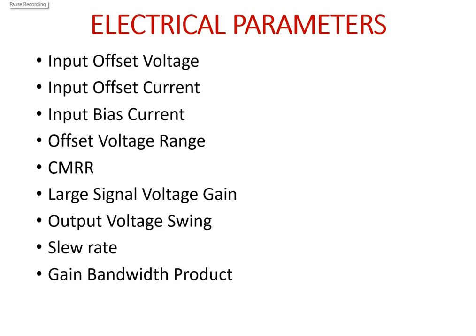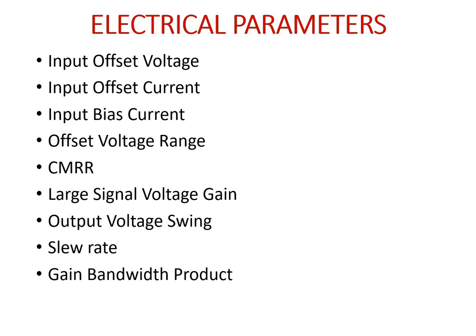Output voltage swing indicates the values of positive and negative saturation voltages of the operational amplifier. For a given VCC and VEE, the output should not exceed these values. Slew rate is the most important factor of operational amplifier.